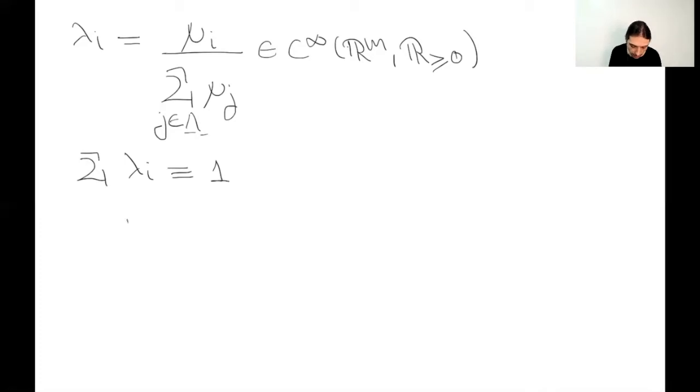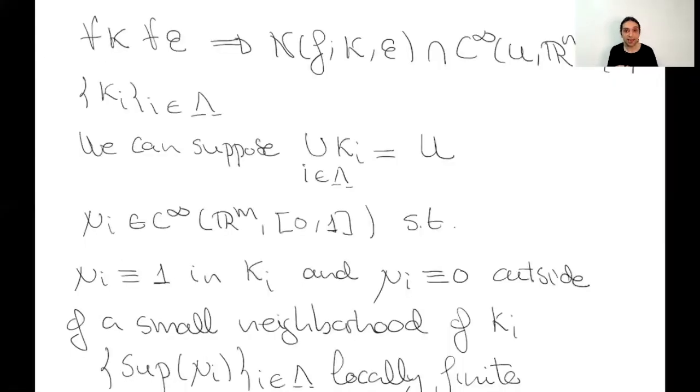Moreover, we have that Ki is contained in the support of lambda i, which is obviously contained in U, because the support of lambda i and the support of mu i are the same.